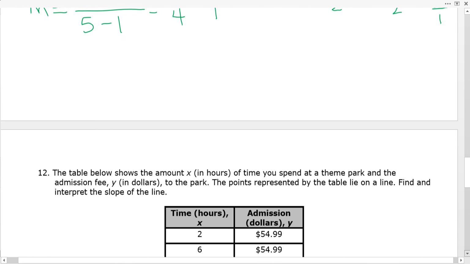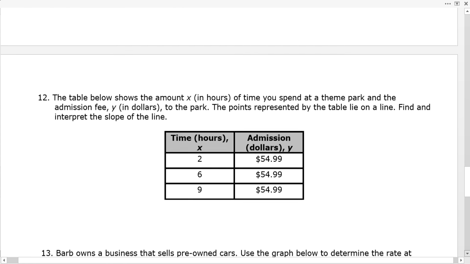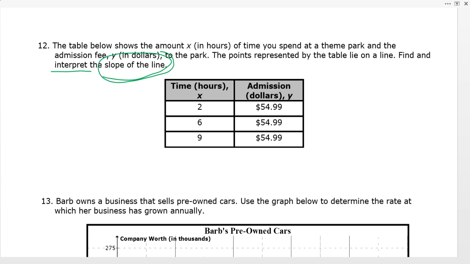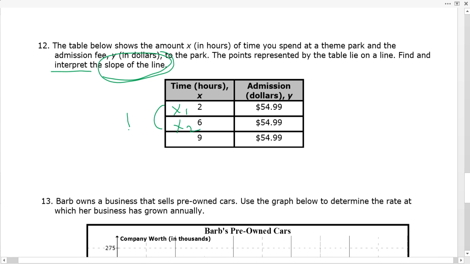Alrighty. So here's a table. We're looking for the slope of the line. Interpret means I'm going to say in words what it means. So if I take 2 points, and I don't really need to do this because, well, I can. Okay, x1, x2 are going up by 4, and y1, y2 are going up by 0.